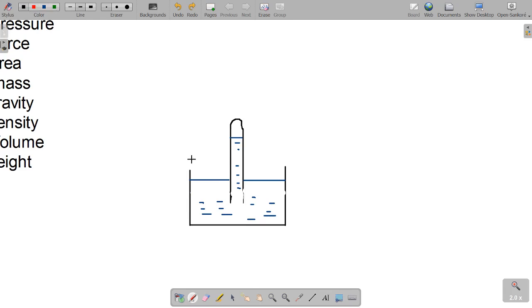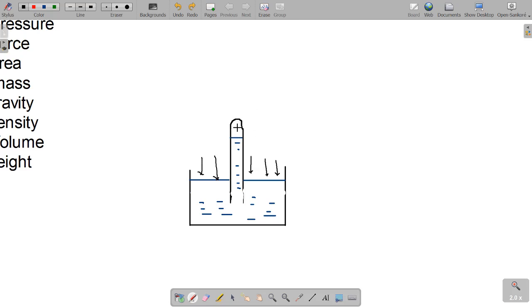The atmosphere exerts a pressure here, and this is what prevents the water from going down further. Here you can essentially use this to measure HOG to measure the atmospheric pressure.